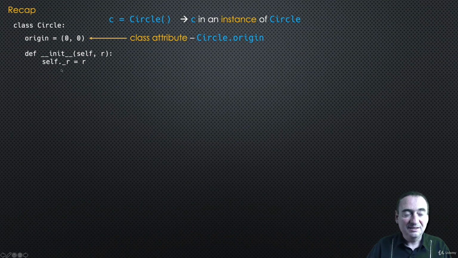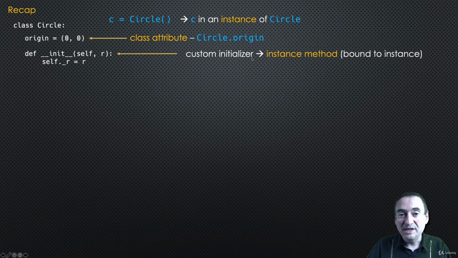Now we have this init method. So now we're providing a custom initializer, which means that this initializer over here will no longer work because it expects a single value r. Okay, so here we've created a custom initializer. It is an instance method. It is bound to the instance because the init, remember, gets called after the instance has been created.